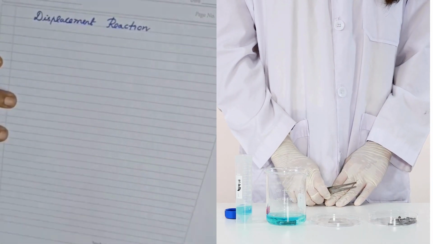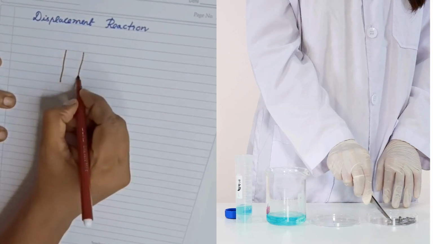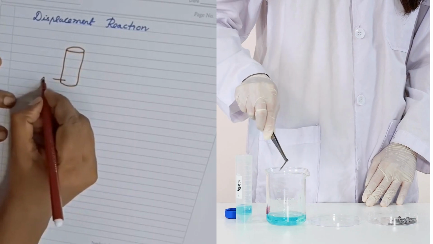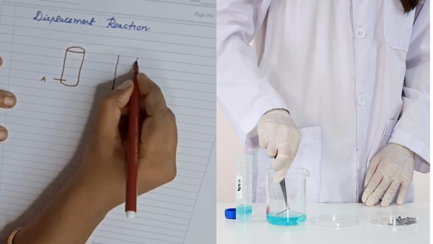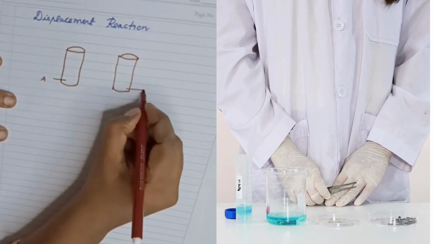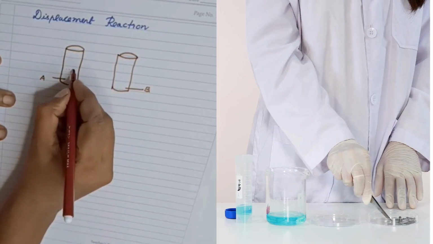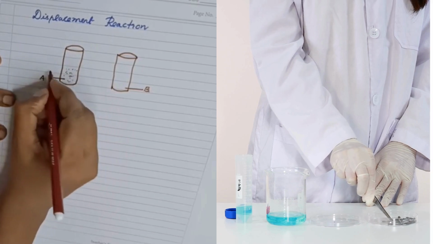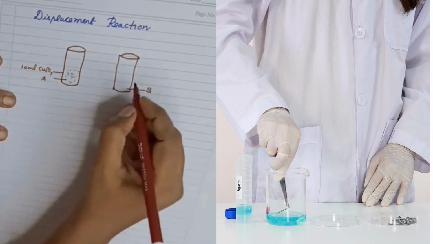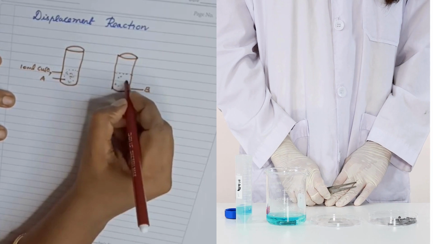For this, we take two test tubes, test tube A and test tube B. In each test tube, we take 10 ml of copper sulfate. Here also, 10 ml of copper sulfate.